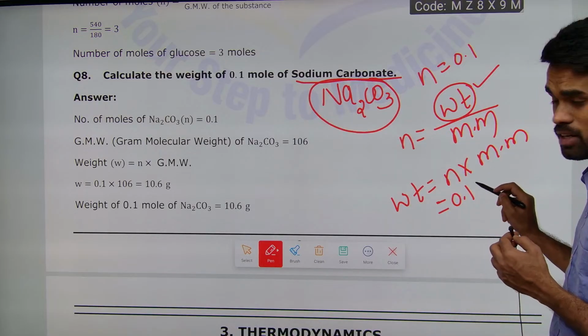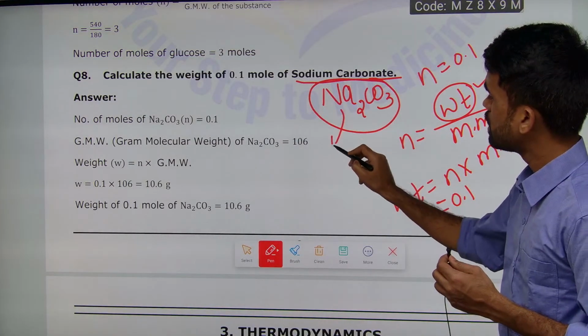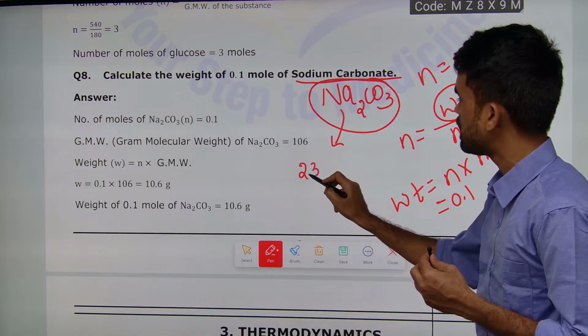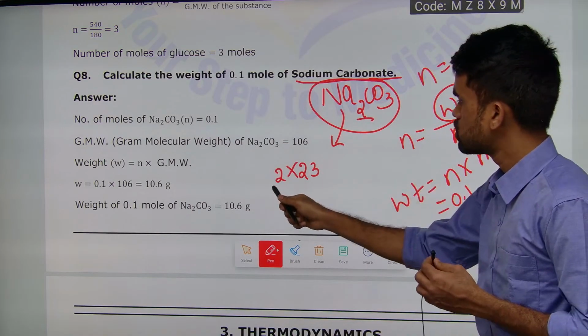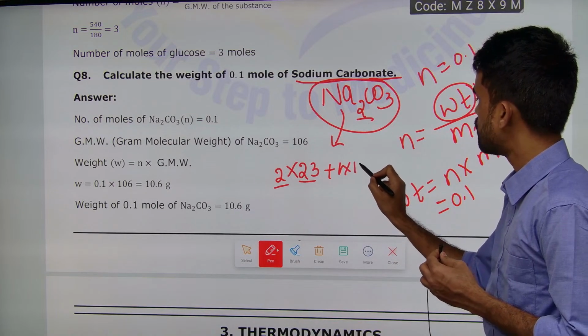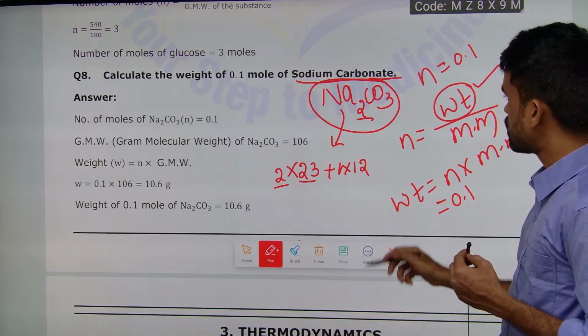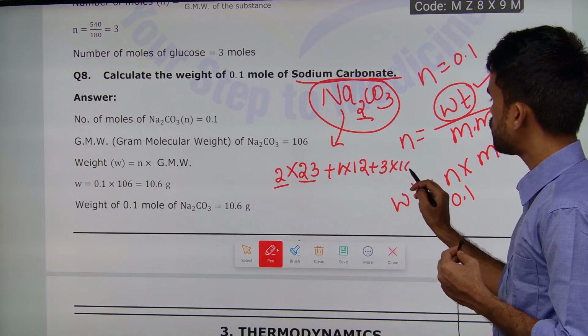Now what is the molar mass? For one sodium, the atomic weight is 23. There are 2 sodiums, so 2 into 23, plus there is 1 carbon, whose atomic weight is 12, and there are 3 oxygens, so 3 into 16 for each oxygen.